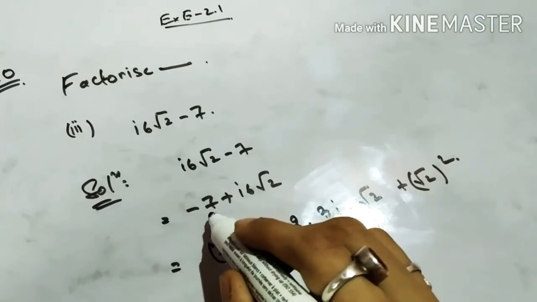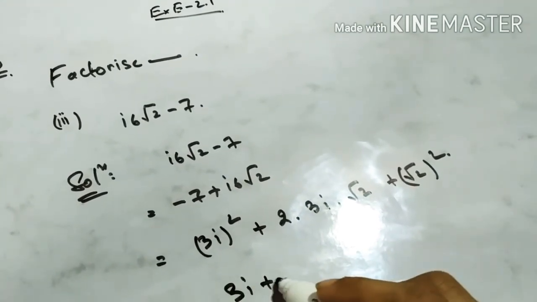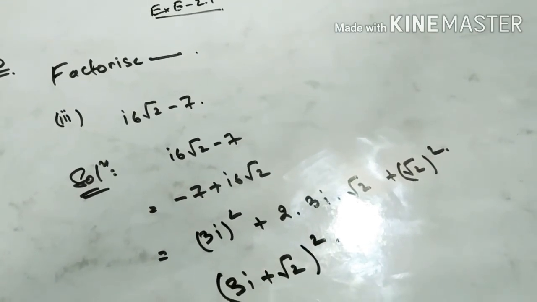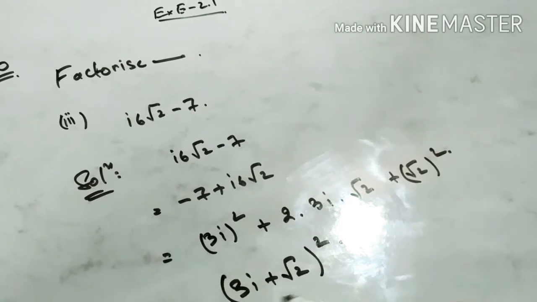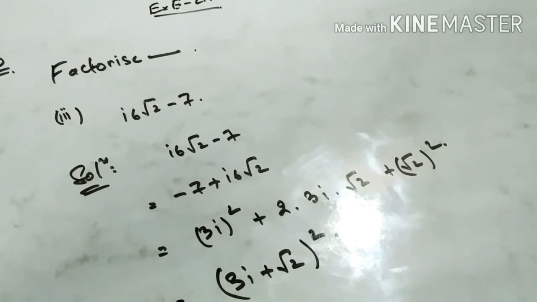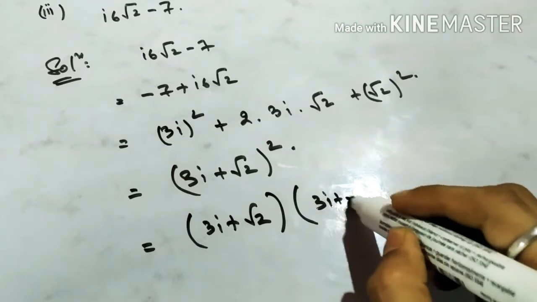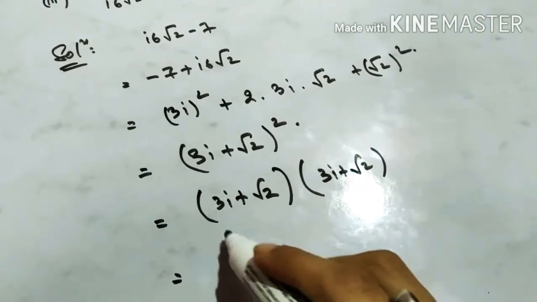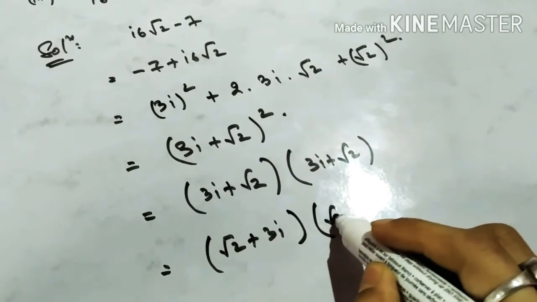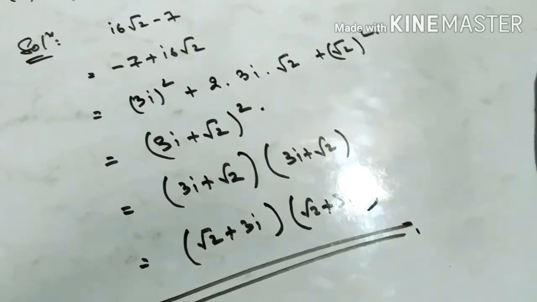Minus 9 plus 2 I will get minus 7. So this is the formula of (3i plus root 2) the whole square. This I can write as (3i plus root 2) into (3i plus root 2). So this thing I can write in the form of a plus ib, which is root 2 plus 3i, root 2 plus 3i. This will be our solution.